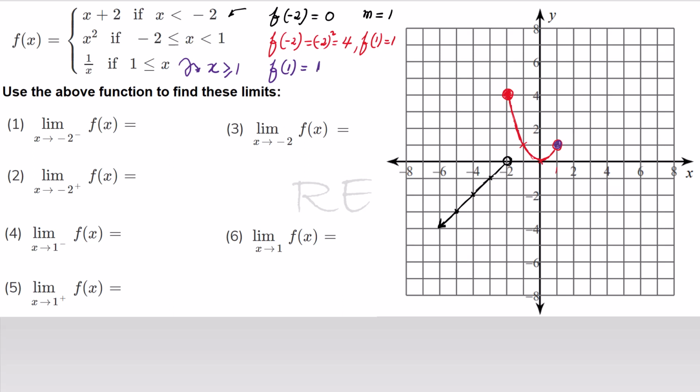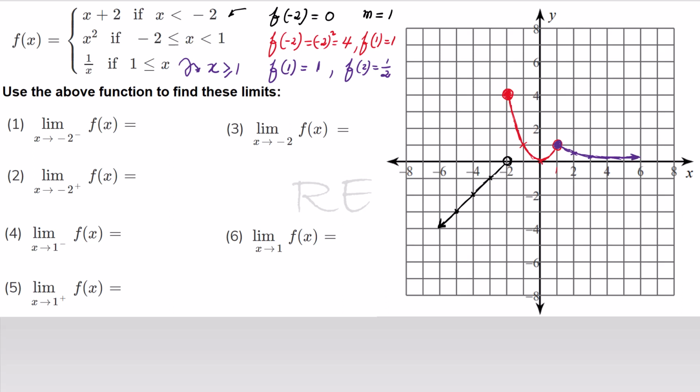Therefore, f of 1 is 1, so we can fill in the circle. f of 2 will be 1/2. f of 3 will be 1/3, and it'll get closer and closer to the axis. We connect the dots, and we've sketched our piecewise function.